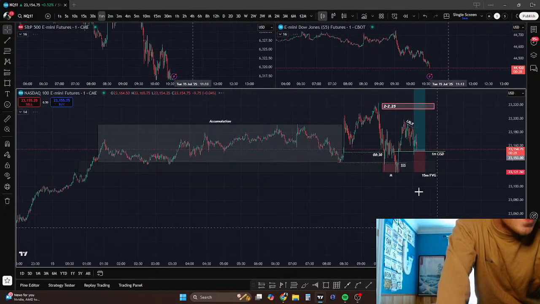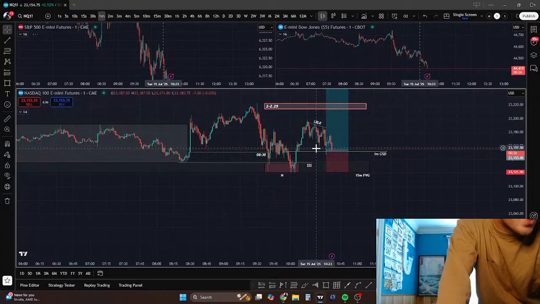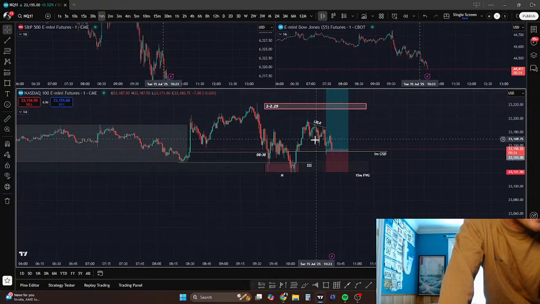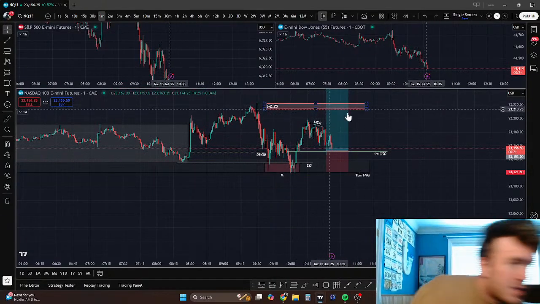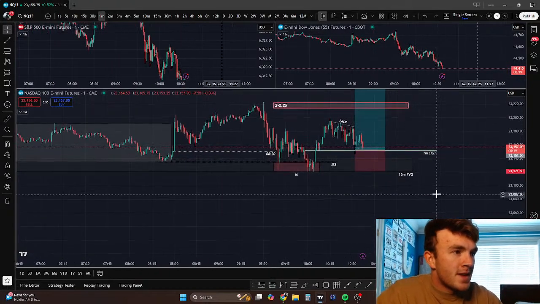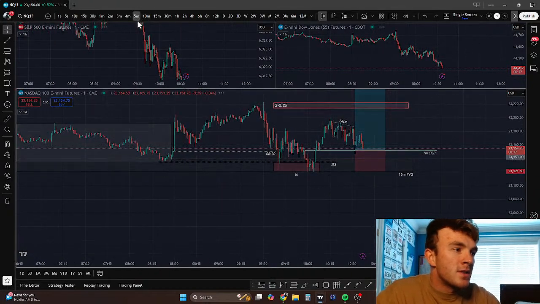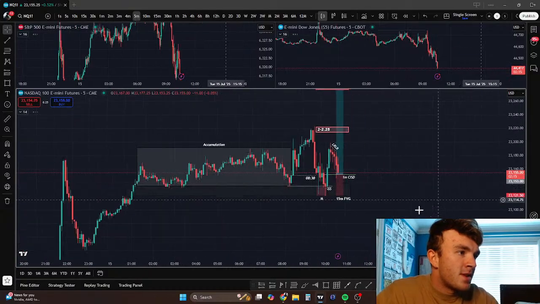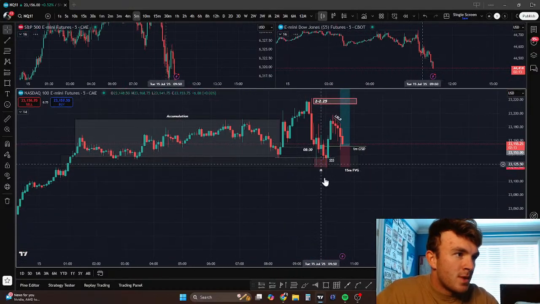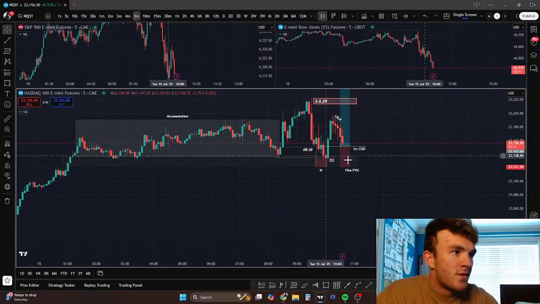As well, this is a sweep, break of structure, right? We got a break of structure here. So this is a nice little 2022 gap we got going on down here. So on the 5 minute, right? Sweep, break of structure, fair value gap.